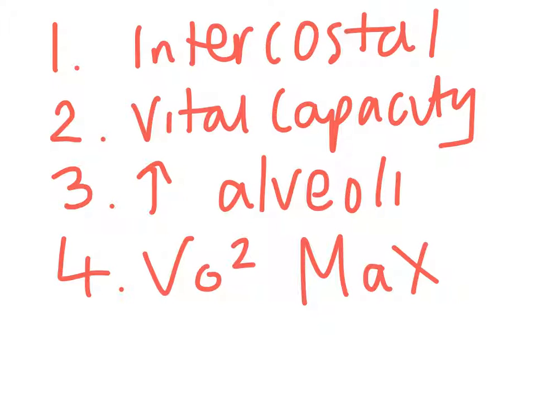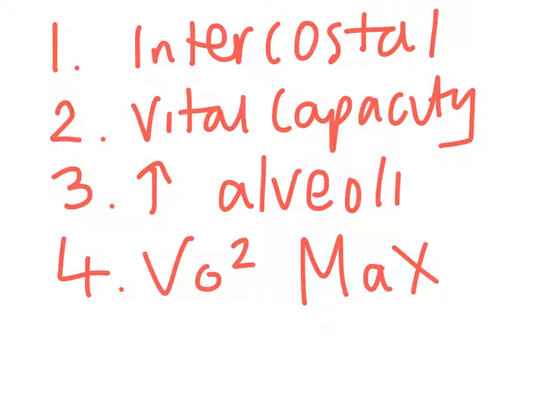More alveoli, the vital capacity is bigger, the intercostal muscles are stronger. Because of all 4 of those, it makes the respiratory system a lot more effective as a mechanism. And obviously in a sporting context, it allows performance levels to increase, particularly anything to do with cardiovascular activity.